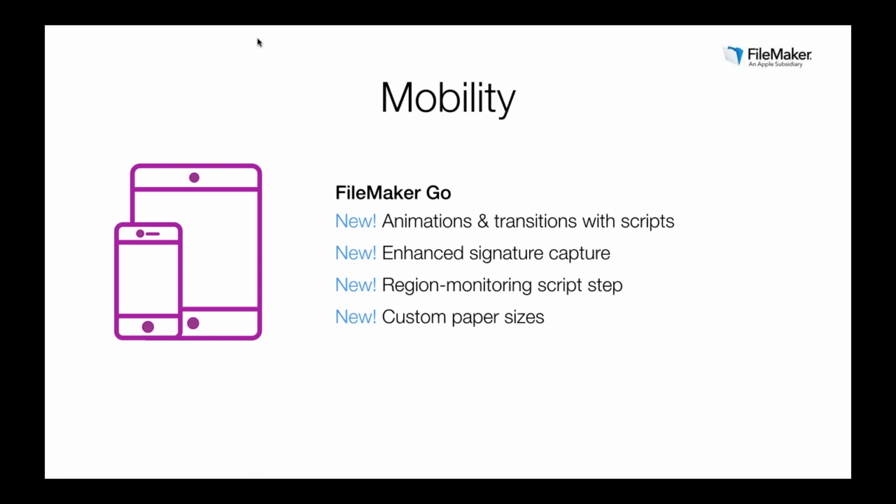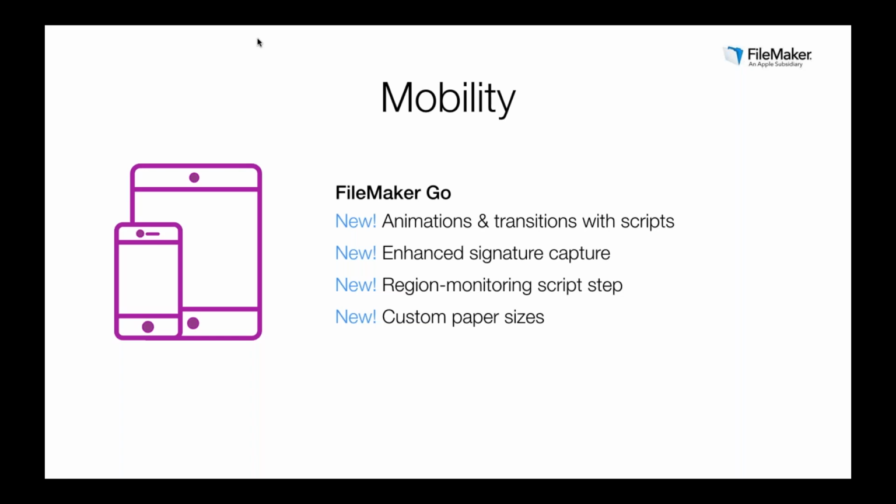You could have a script trigger that took you directly into the signature capture mode, which was better. But still, when you look at forms and the way people actually sign things on a computer, it didn't come full circle.